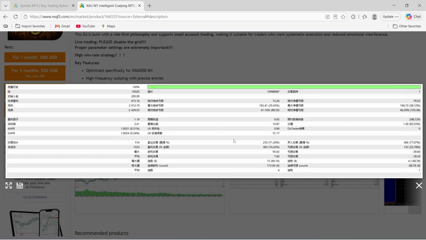Okay, so that's what we have there, and then you can see this as well, there was a profit factor of 1.19 and a balance drawdown of 35.65%.